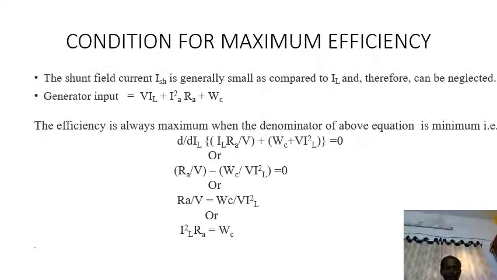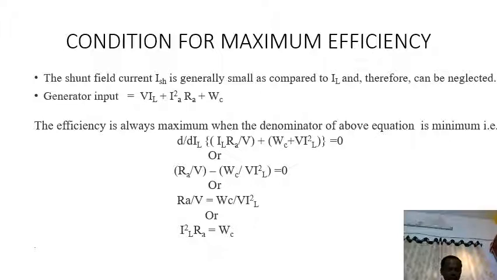For getting the maximum efficiency, you differentiate the denominator with respect to the current I. So d by dI of IRA by V plus WC by VI is equal to 0 for the maximum condition. Differentiating, you get RA by V is equal to WC by VI square.